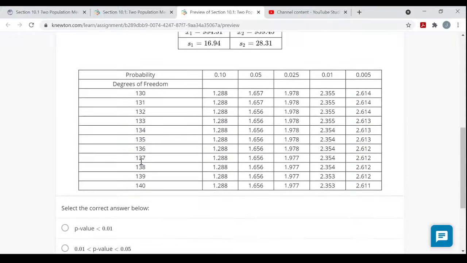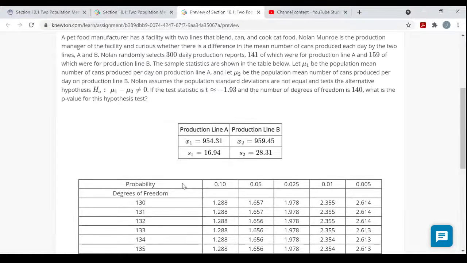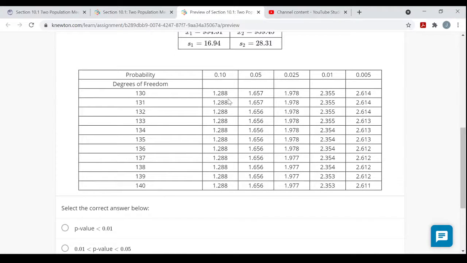Now you could have also done it with this table. Go to that row with 140 degrees of freedom. And look for, now they gave us the negative version, negative 1.93. These are all positive values here, so where would positive 1.93 fall between?